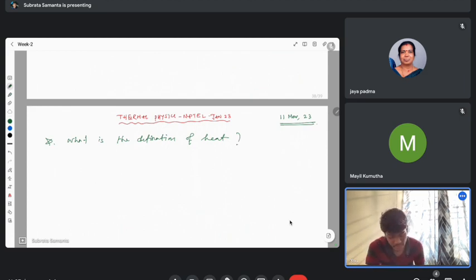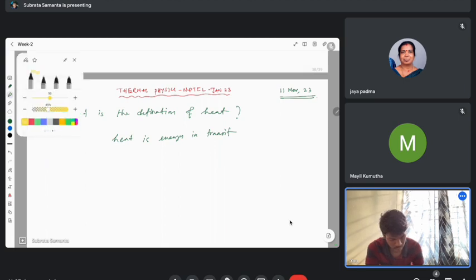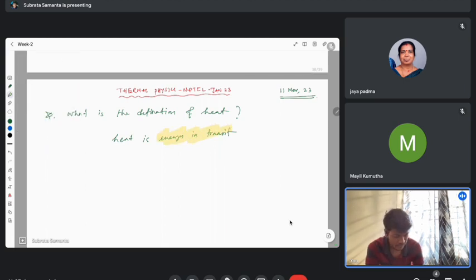So heat is energy in transit, and "in transit" is very important.